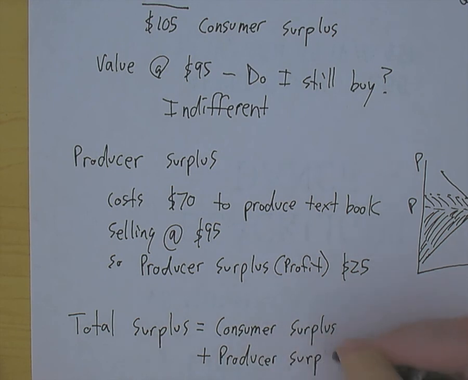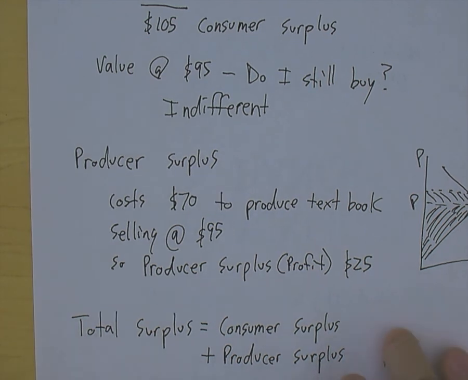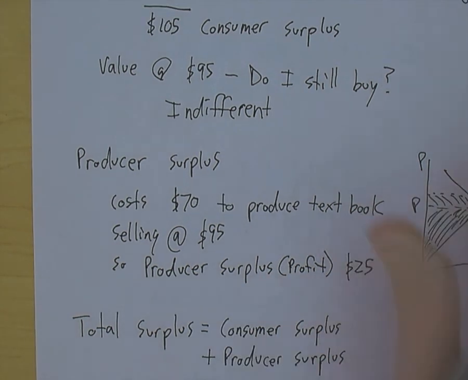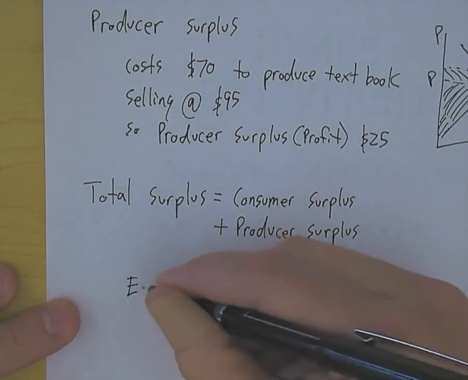We add the two together and we get our total surplus for the market. And the question that needs to be answered then is, well, where do we maximize total surplus? Where do we maximize the benefit for society? And gratefully for us, it's at that magic place known as equilibrium.